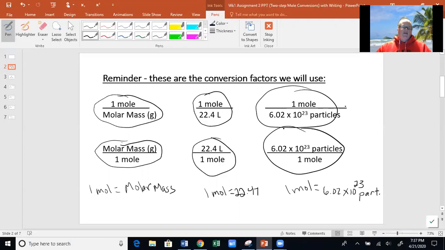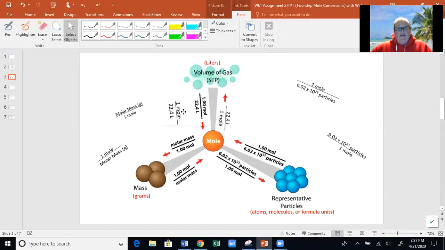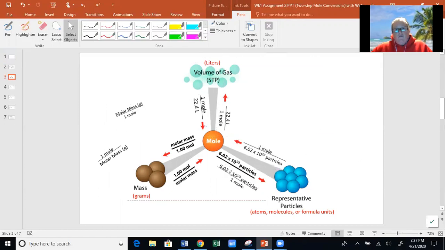Now what I've done is I've copied and pasted each of these conversion factors, and I've overlaid them on this roadmap that we've been using. You can see that they are exactly the same as the conversions on the roadmap that were there before.